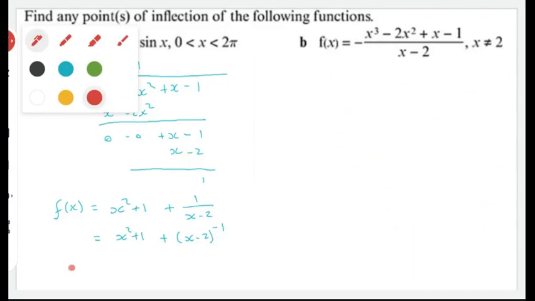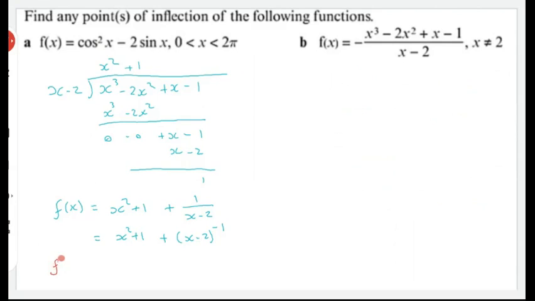Then we have f prime of x, which is 2x. 1 differentiates to 0. This x minus 2 to the power of minus 1, that's going to become minus 1 times x minus 2 to the power of minus 2 multiplied by the derivative of the inside, which is 1.